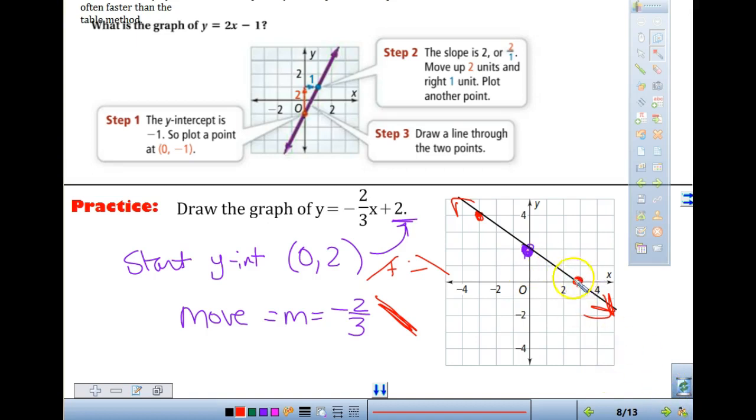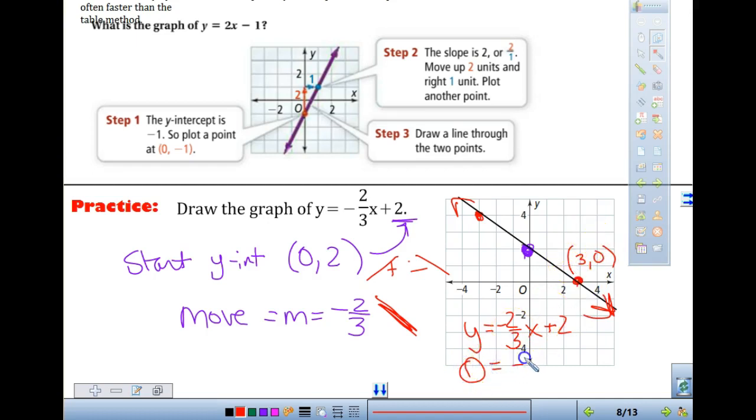If I wanted to check, because some of you are like, how do I make sure I did it right? This point right here is located at what? (3, 0). The reason I don't want to check all these points in between is they're really hard to tell where they are unless you're on the graphing calculator or on the decimals calculator. (3, 0) should make this true. If I go to the equation, y equals negative 2/3 x plus 2, and I say x is 3 and y is 0, is that true?